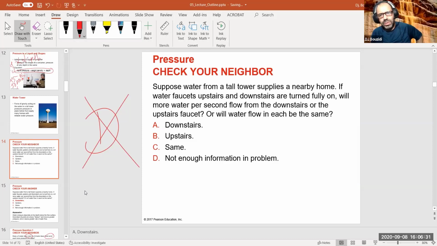So remember, this question is going to be after the session today. We're going to go to a discussion, and you're supposed to answer not necessarily only this question, though; you may have one or more questions down the road. But if not, that's the only question you will have. Suppose water from a tall tower supplies a nearby home. If water faucets upstairs and downstairs are turned fully on, will more water per second flow from the downstairs or the upstairs faucet, or will water flow at the same speed?